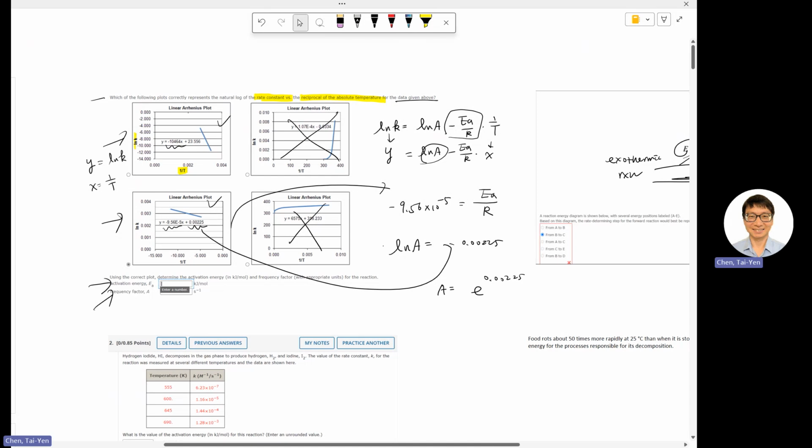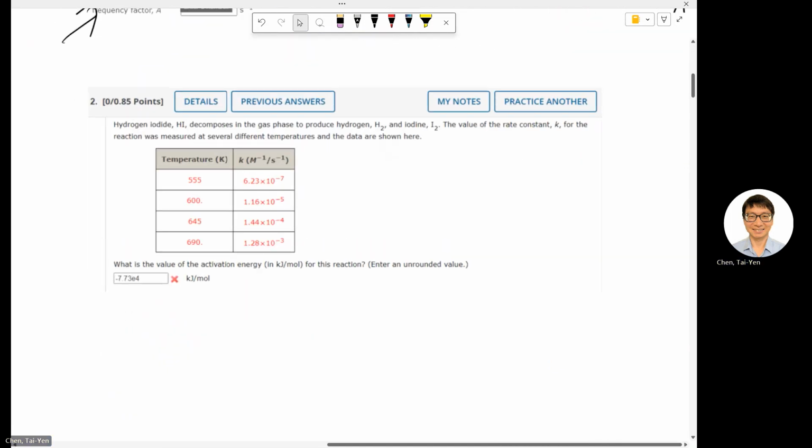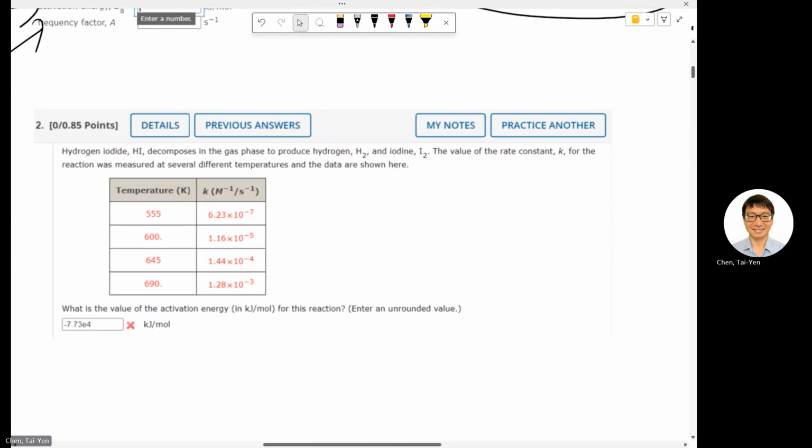Okay, let's look at these questions too. It says hydrogen iodide, HI, decomposes in the gas phase to produce H2 and I2.